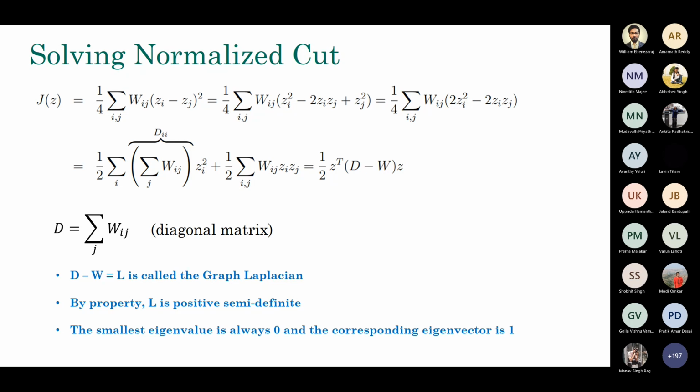We really want to deal with this one. There are lots of properties that people proved, and I have simply taken some properties which I thought important. L is a positive semi-definite matrix, so the smallest eigenvalue is always 0, and the corresponding eigenvector is 1. That's the property of the graph Laplacian, which we'll use to solve this problem.